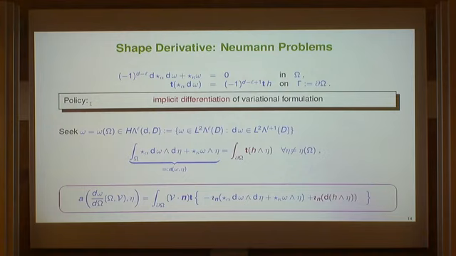But this gradient has to have a trace on the boundary. So you can no longer admit the full Sobolev space here. You have to assume that the solution omega is smoother. Otherwise, these variational problems for the shape derivative will not be well defined.